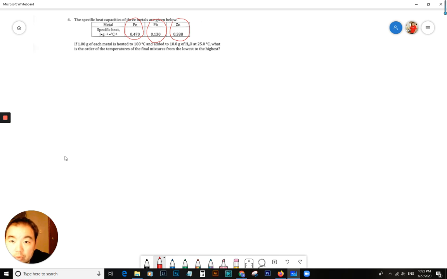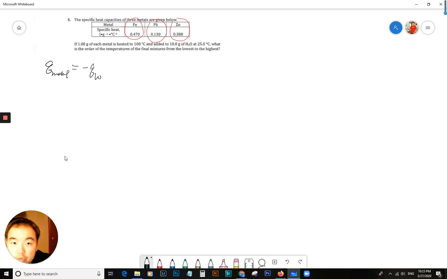What the water gains is what the metal loses. So we need to remember the equation Q metal is equal to the negative sign of Q water.